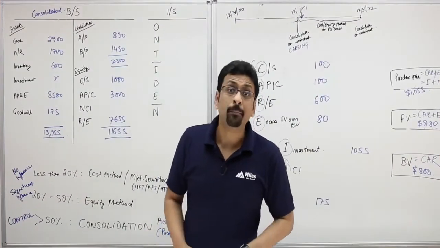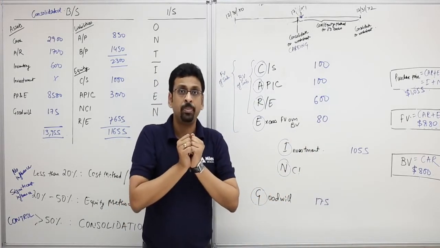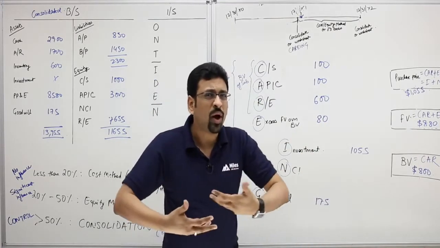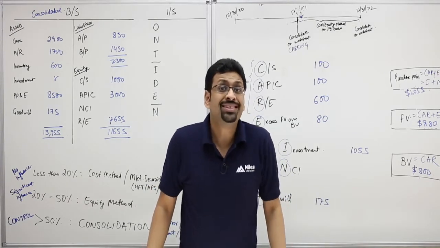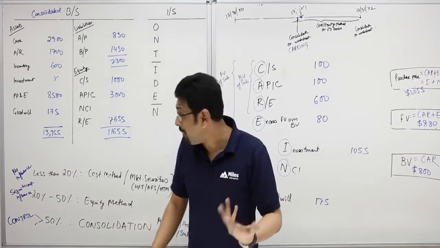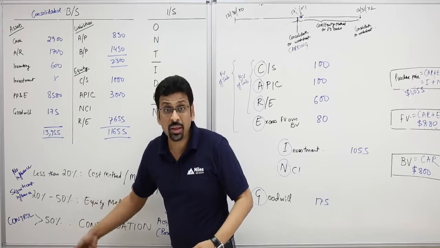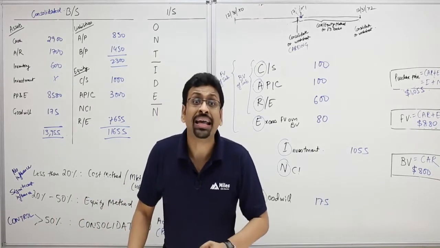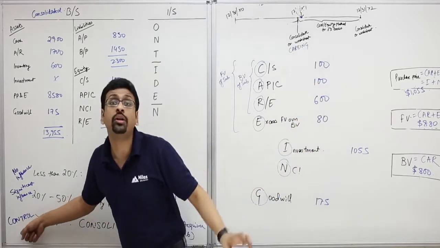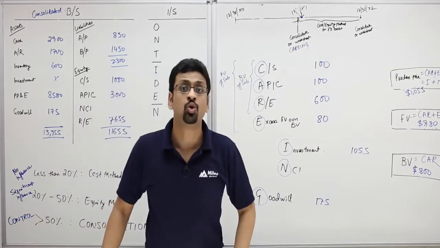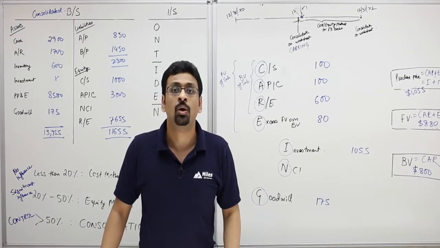We've seen a couple of examples where we had the parent owning 100% of the subsidiary. Now let's say the parent acquires more than 50% but less than 100% of the subsidiary, say 90%. Does the parent still control? Yes, they do. That's more than 50%. But the parent does not own all the stock. There are some other equity holders who do not control, non-controlling interest holders who own the remaining 10% of the subsidiary stock.